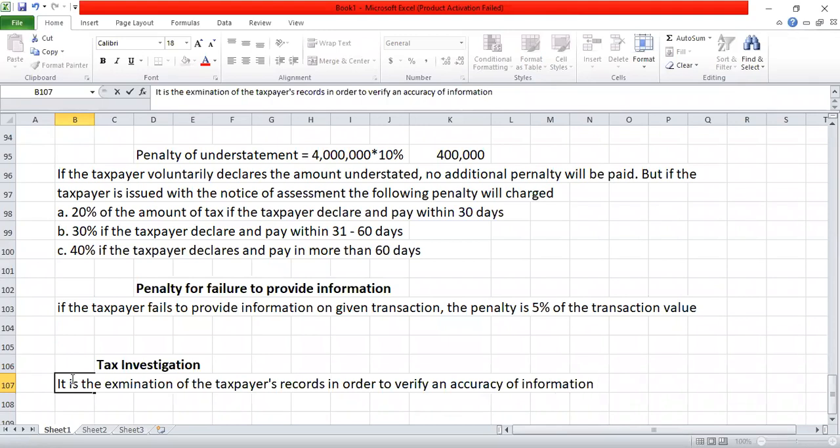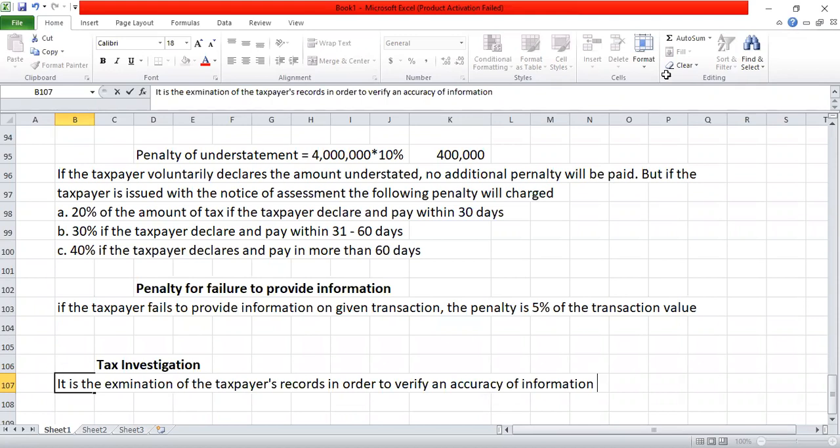You examine the records of the taxpayer, but the purpose is to verify whether the information about the taxpayer is correct or not correct. That is what we call a tax investigation.